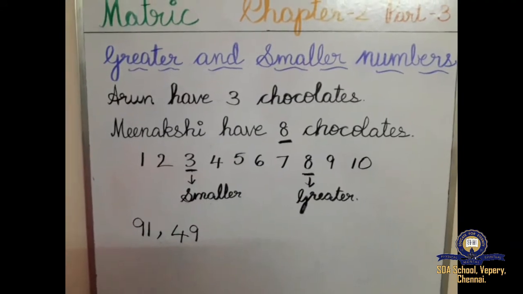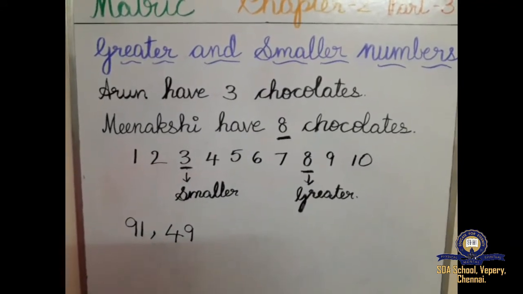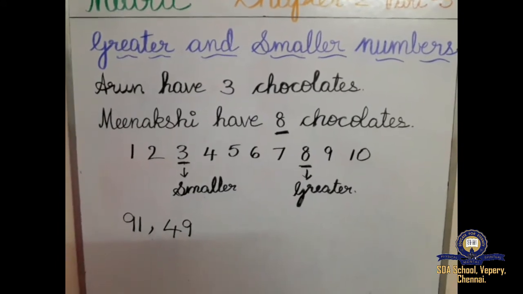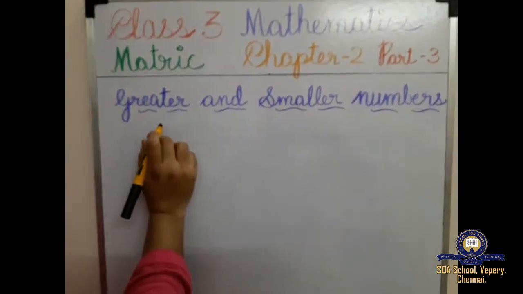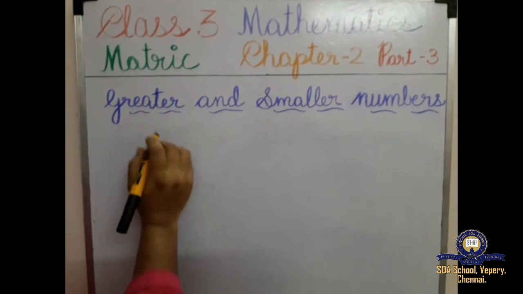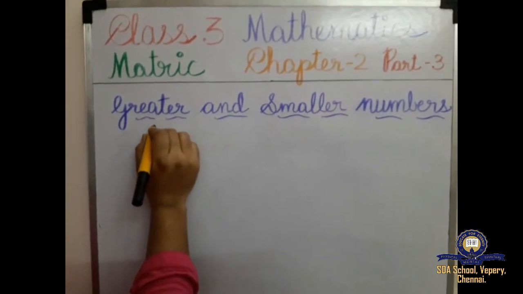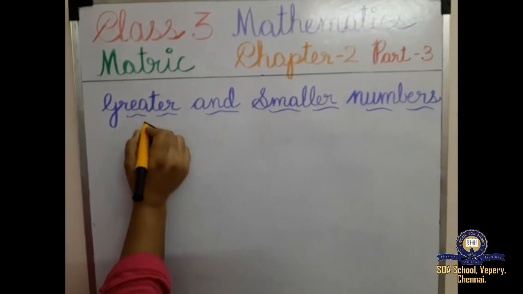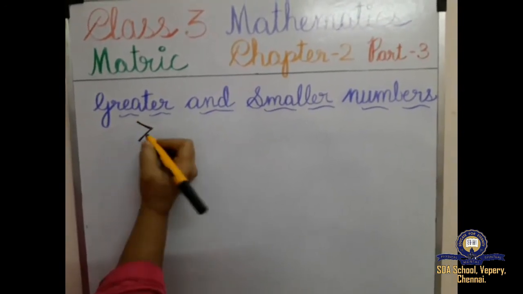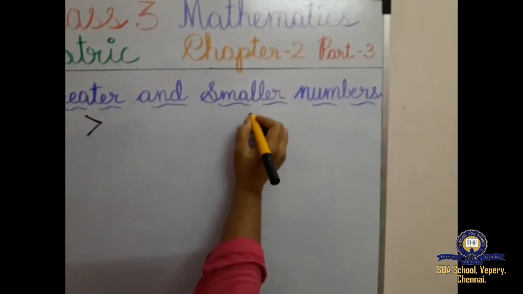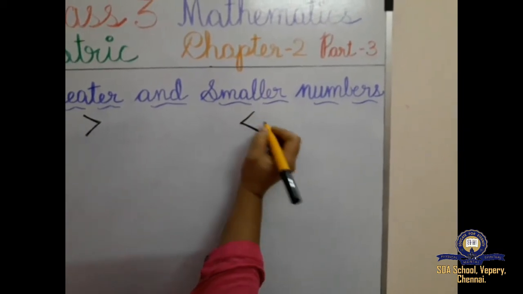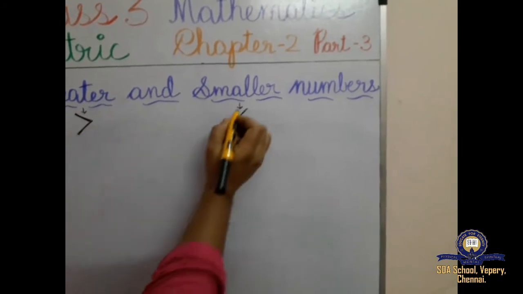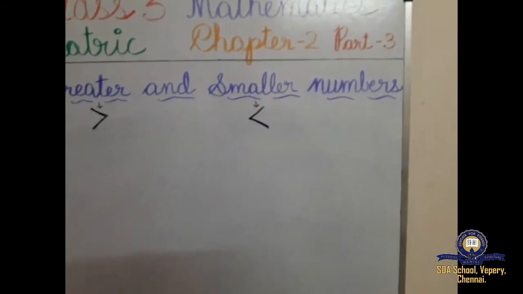So now we learn how to see this. First we will see the greater symbol. For greater we use a symbol like this, and for smaller the symbol will be like this.